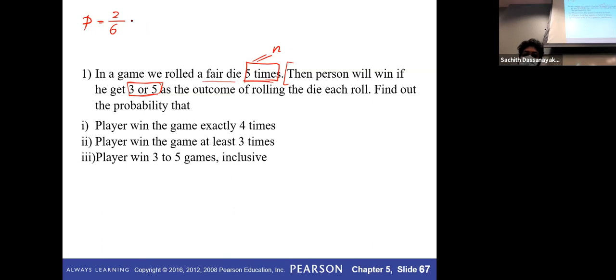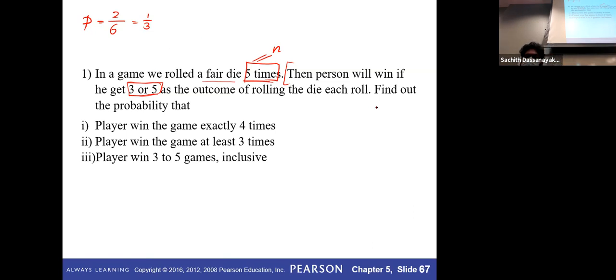So this is going to be 1/3, right? Because to find the success probability P, we should consider only one single trial. In that trial, with 3 or 5, I get success. So how many outcomes? 2. Altogether, we have 6 outcomes, right? So the probability is 1/3. Success probability, right?